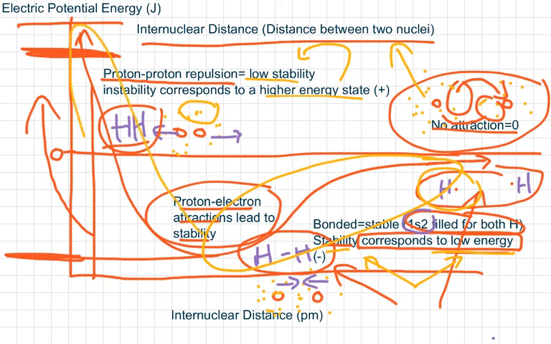But if you look at this part of the graph is increasing, meaning that the two atoms are beginning to feel a proton-proton repulsion, and this decreases the stability between the bond, and it leads to a higher energy state, which is why, as you go to the left, eventually you'll get some positive values for the electric potential energy, and this just means that the two atoms are so close to each other that they are basically unstable, and they are in a very high energy state, since it takes a high energy state to maintain this attraction between the two atoms, even though they want to separate from each other so badly, as shown by these arrows.